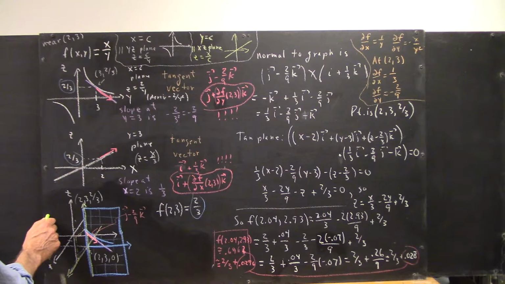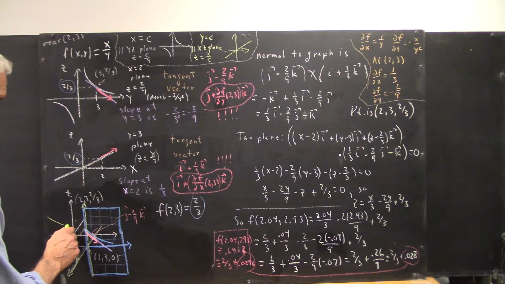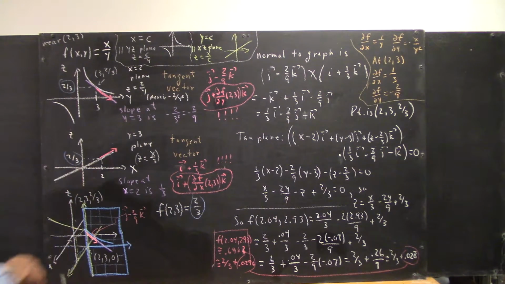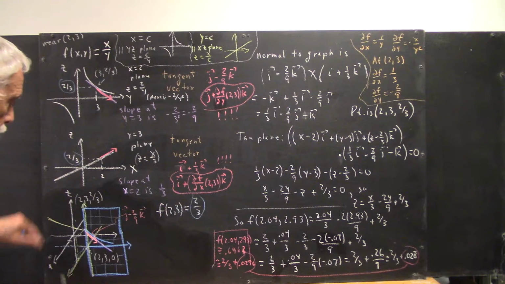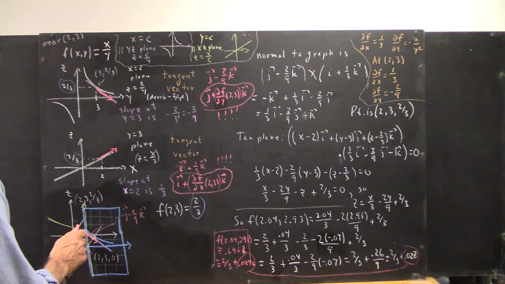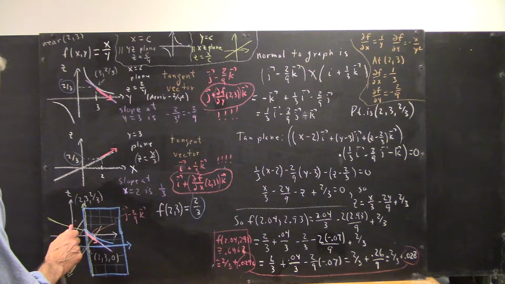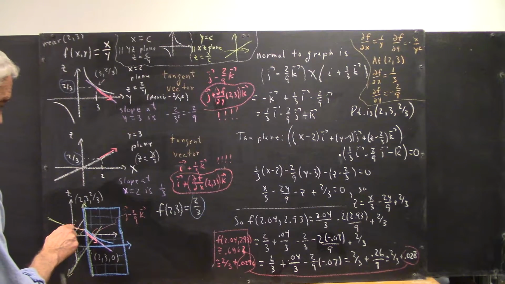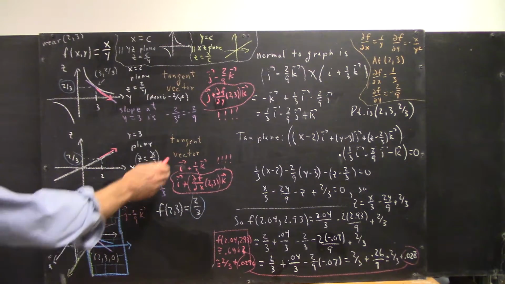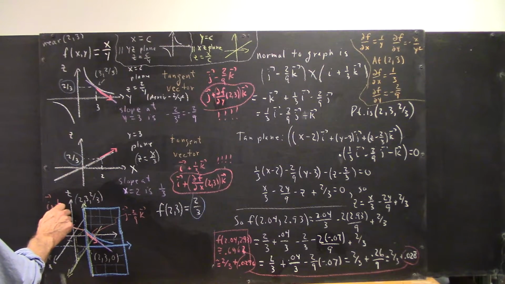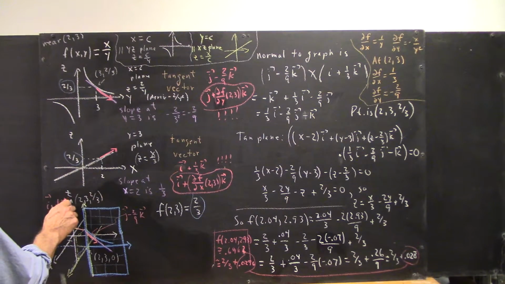So my line, that's not a very straight line. Looking at a bad angle, I had to fudge it. This is understood to be a straight line, and it's got a vector along it. And this vector is the vector i plus 1/3 k.